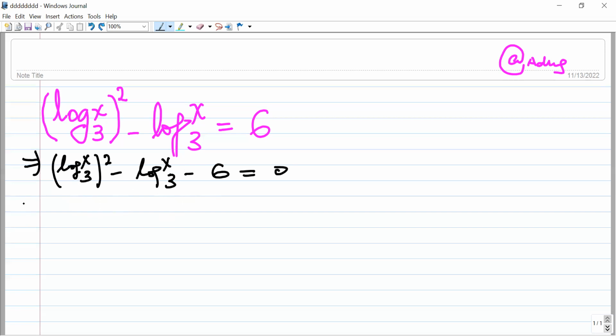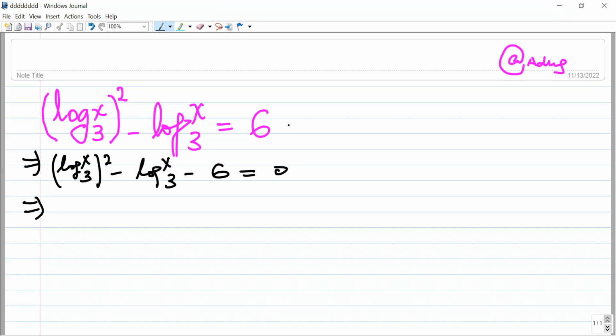Considering the fundamentals of quadratic equations, when thinking about factorization of this logarithmic expression, we go searching for two numbers whose sum is -1 and whose product is -6.